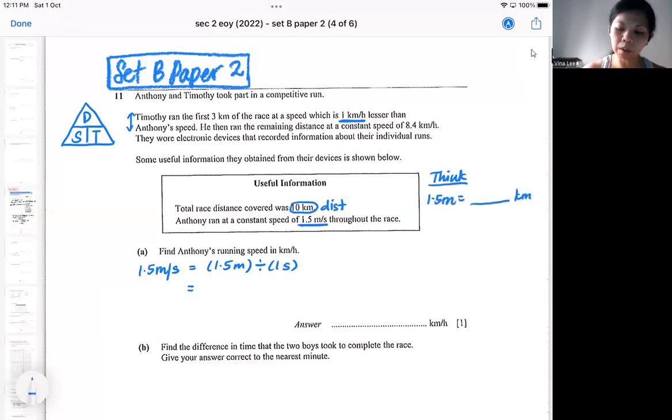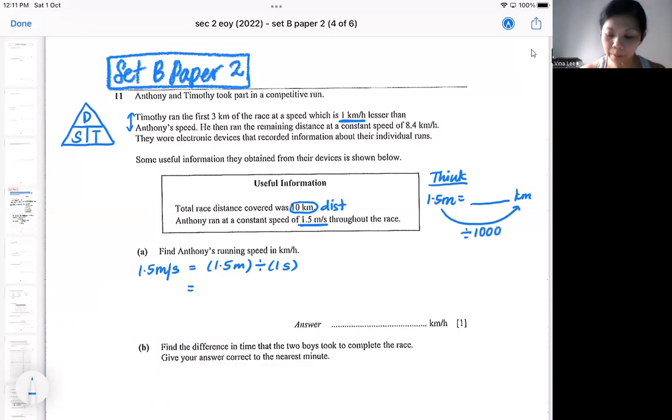What was the unit conversion? If you still remember the units conversion, you got to multiply by 1,000. So you multiply by 1,000, that will give you the, sorry, it's not multiply, it's divide by 1,000. Okay, my mistake. This part should divide by 1,000.